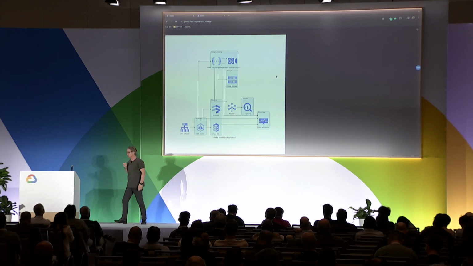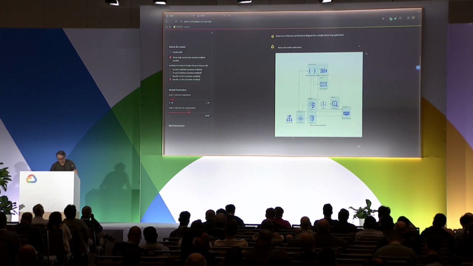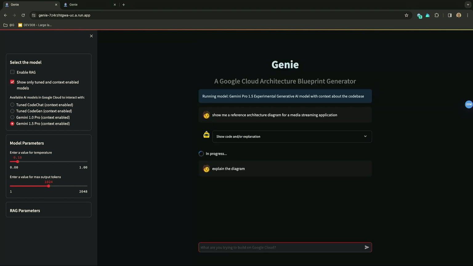Well, it looks good, but if we do it differently, if we ask Gemini what this means, explain the diagram, then it would be better to get the answer from it. So we're having Gemini create it for us, and we're asking why.